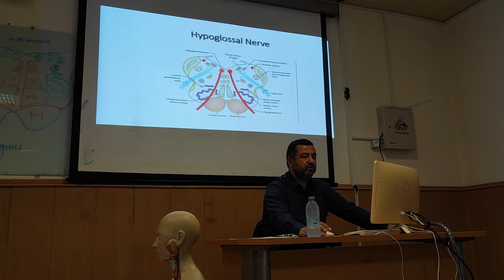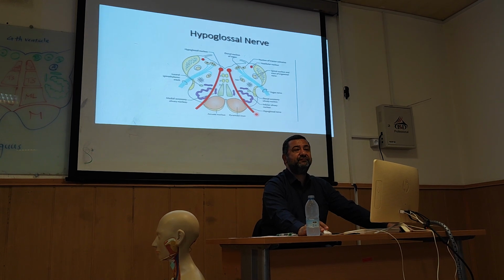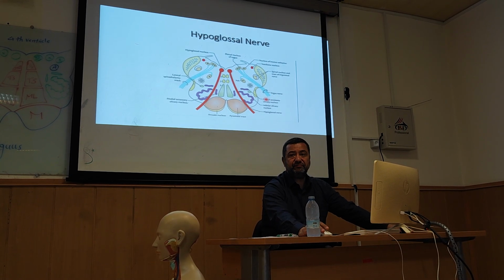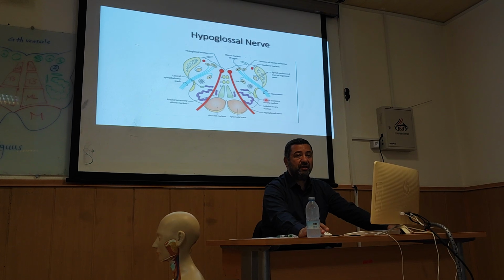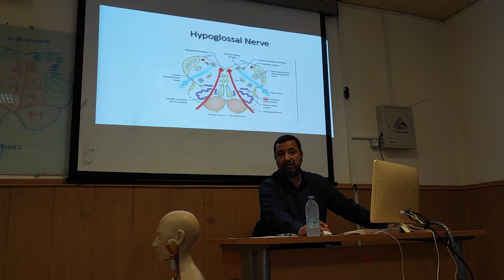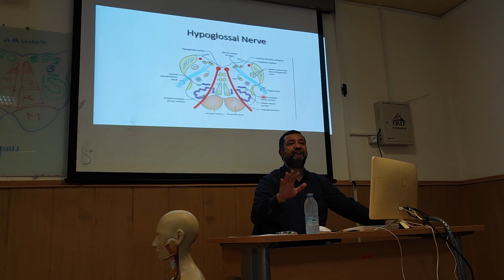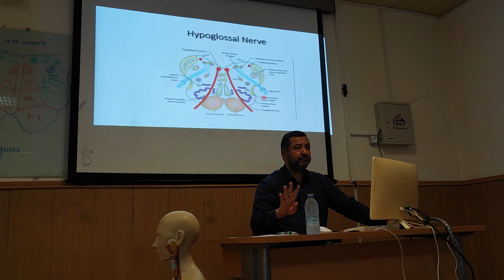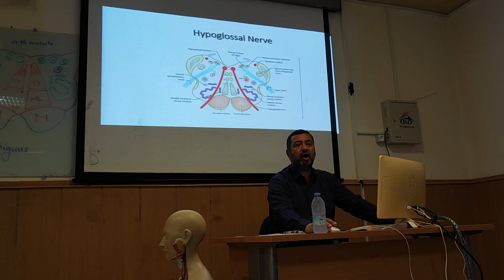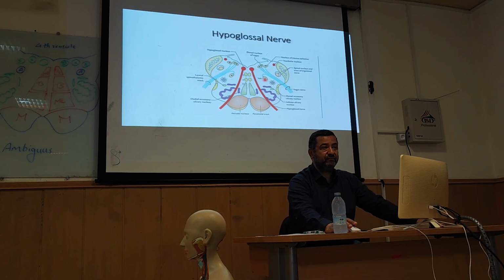You see here hypoglossal nucleus, and this is the hypoglossal nerve that emerges from the anterolateral sulcus of the medulla oblongata. And this nerve is vagus. The vagus nerve has 4 nuclei. Motor nucleus of the vagus is ambiguus.